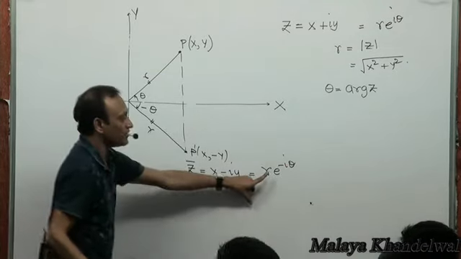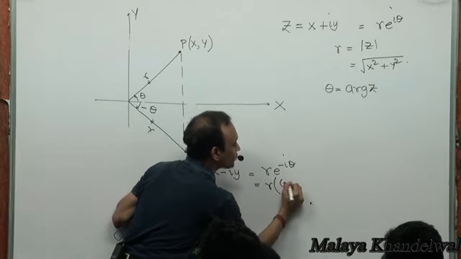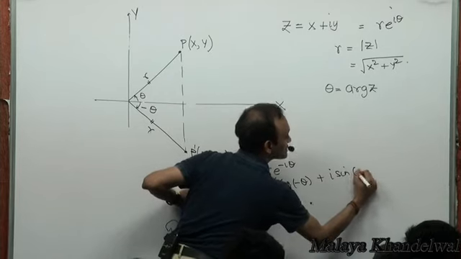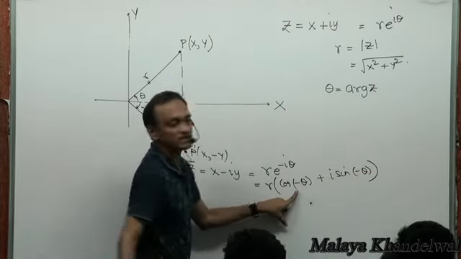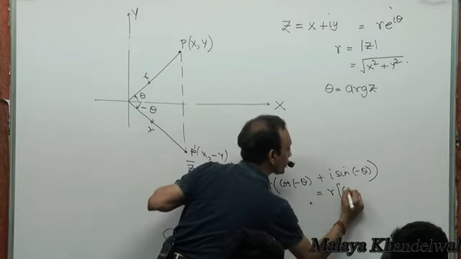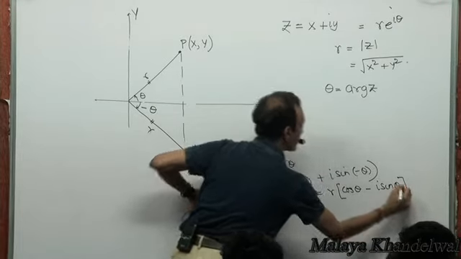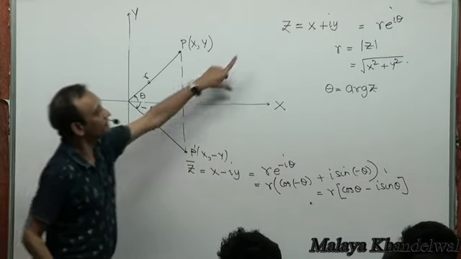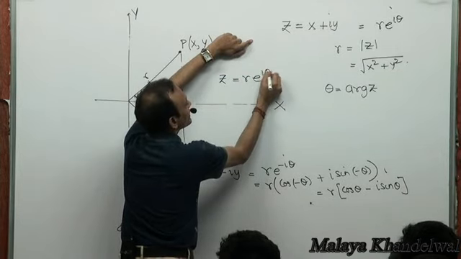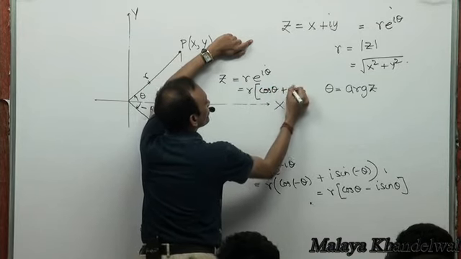As you can see, if I expand e power minus i theta, this is going to be cos of minus theta plus i sine of minus theta. Yes or no? Cos minus theta is cos theta minus i sine theta, right? Very clearly, z, which is r e power i theta, is r times cos theta plus i sin theta.